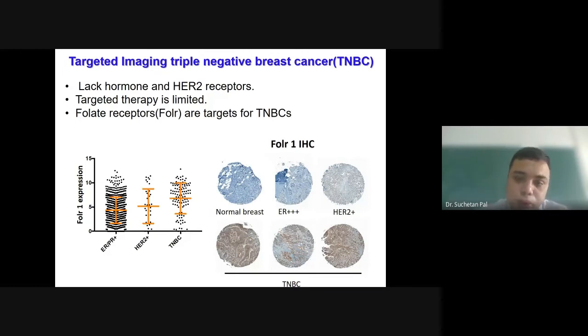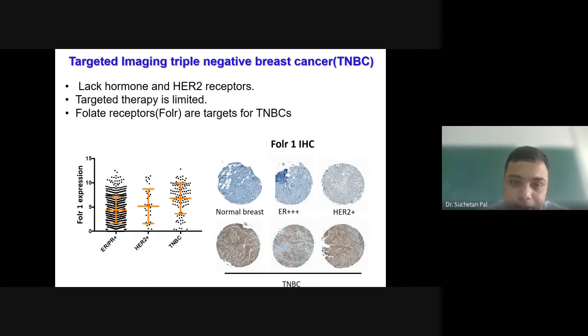The model we chose for this kind of study is triple negative breast cancer, because triple negative breast cancer is very hard to cure. You have heard of that. It is one of the very aggressive cancers, and the therapy for this kind of cancer is limited, right?